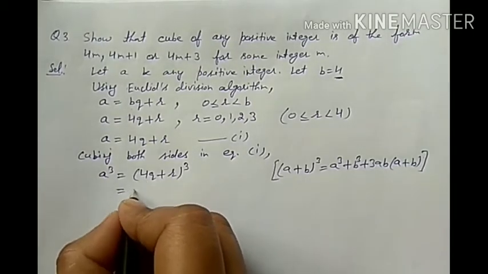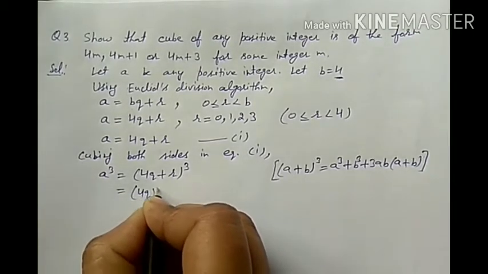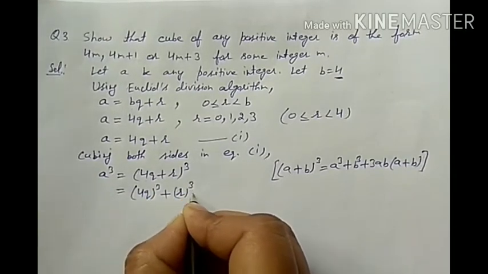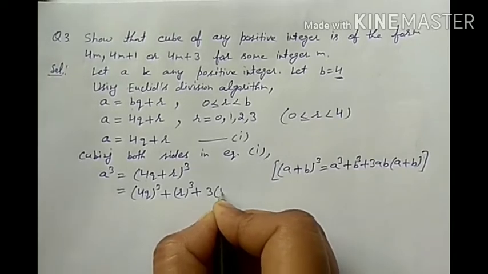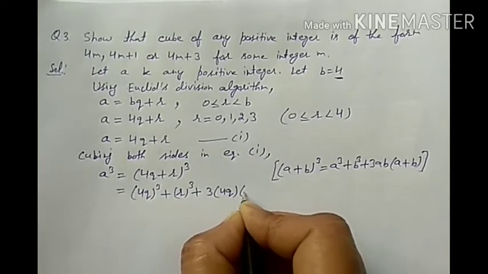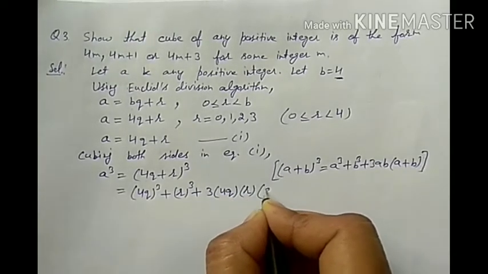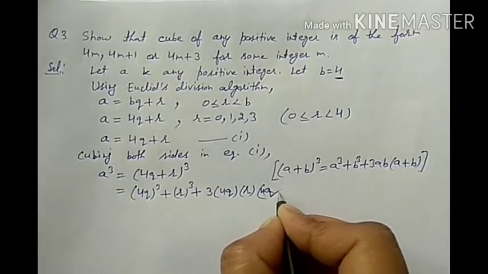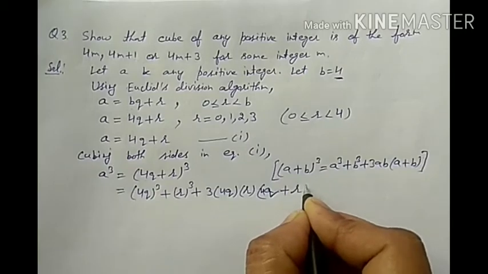Here a cube means (4q) cube plus b cube plus 3 a b, and multiply a means 4q plus b means r.